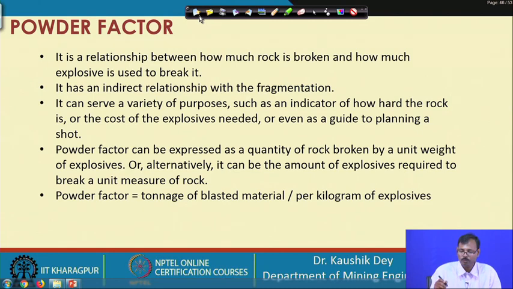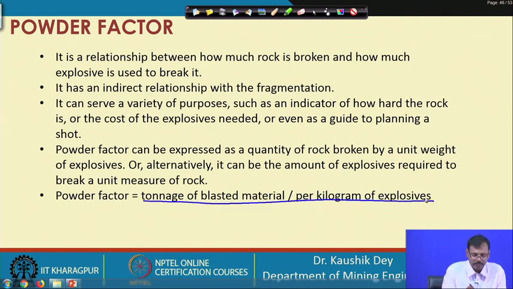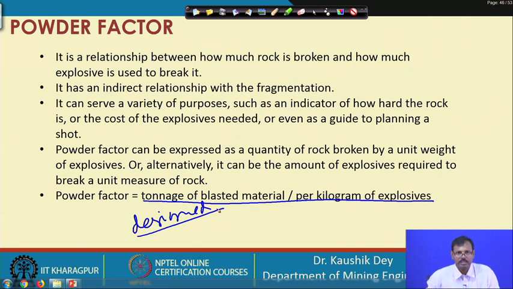Generally, theoretically we consider the powder factor to be nothing but the tonnage of blasted material per kg of explosive. Designed powder factor is another term, where the tonnage of material is the burden into spacing into bench height, which gives us the cubic meter of material.